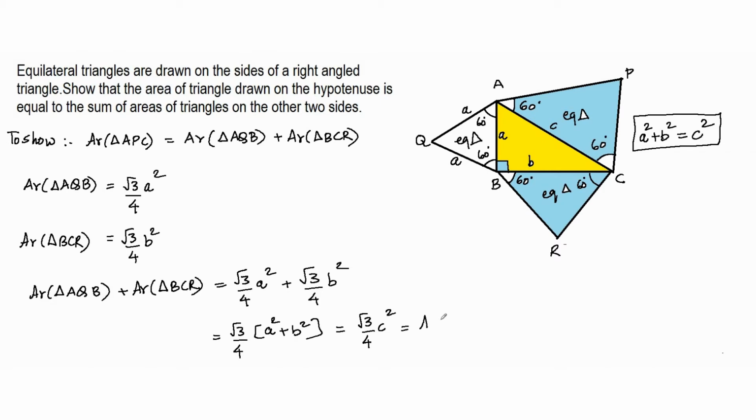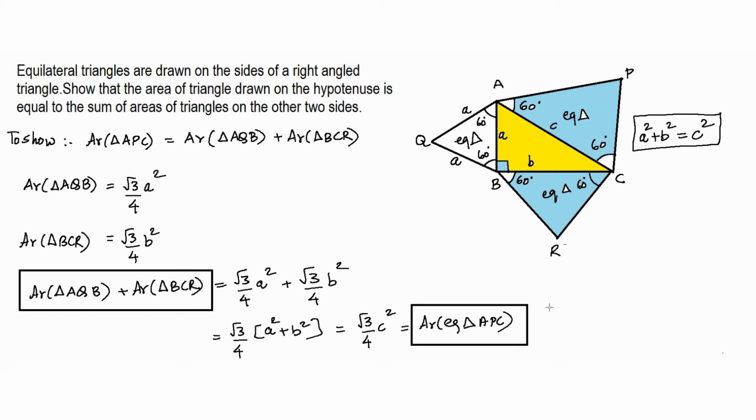And that is nothing but the area of the equilateral triangle APC. Therefore, the sum of the areas of triangle AQB and BCR is equal to the area of equilateral triangle APC. This is how I can prove this particular problem.